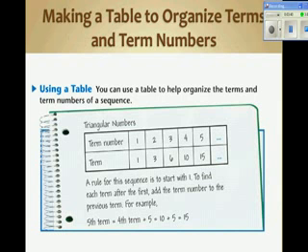Here is a table that portrays the triangular numbers. Notice the top row is the term number or the position in the sequence. We simply write counting numbers down because we add 1 position per term. So we have 1, 2, 3, 4, and 5. The bottom row is the actual term in the sequence.